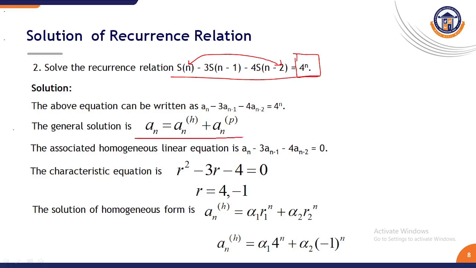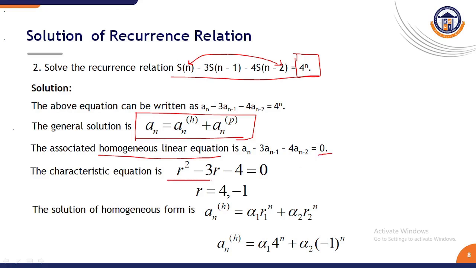contains two different solutions. The general solution of a linear non-homogeneous difference equation is defined as a n equal to the solution of the homogeneous equation plus the particular solution. So first find the homogeneous solution. For the homogeneous linear equation solution, assume that the right side term is equal to 0.